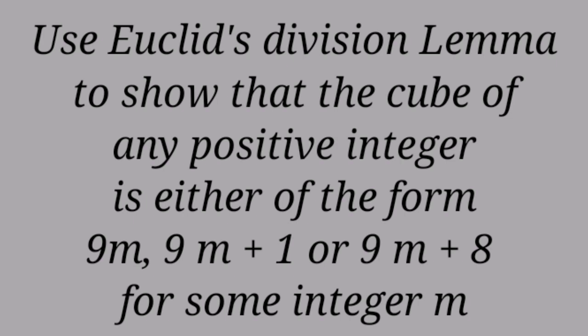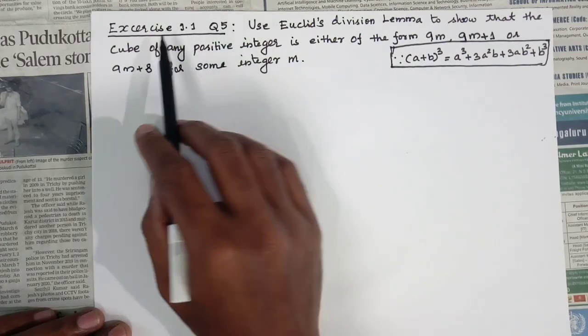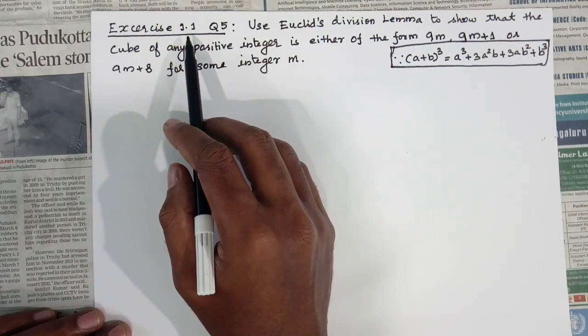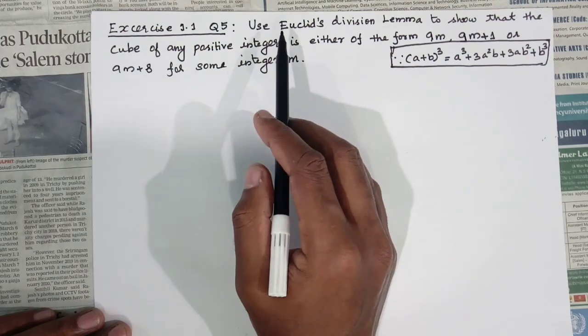The question is, use Euclid's division lemma to show that the cube of any positive integer is either of the form 9m, 9m plus 1 or 9m plus 8 for some integer m. This question is taken from exercise 1.1 of the Real Numbers chapter, question number 5.